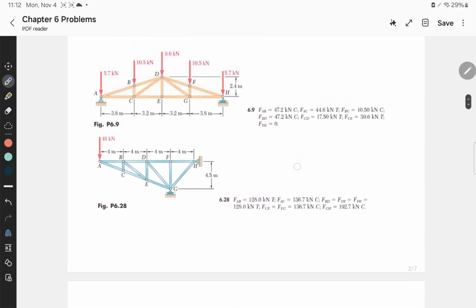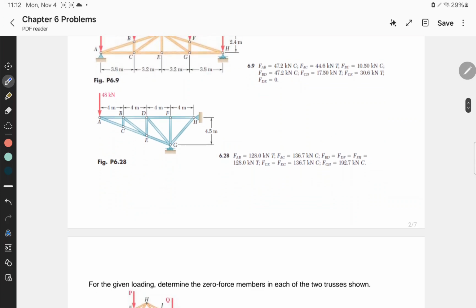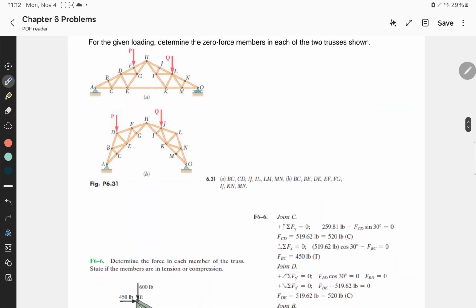This is probably zero members. We did that today. So a zero member is basically, if there's a straight part here, and there's no force, like let's say for example, if there's a straight here and there's only one member, and we were to cut this, it would look like this, or like this, since it's upside down.